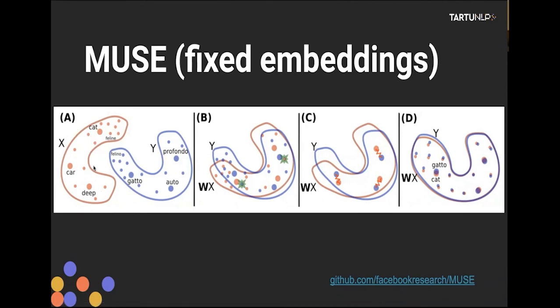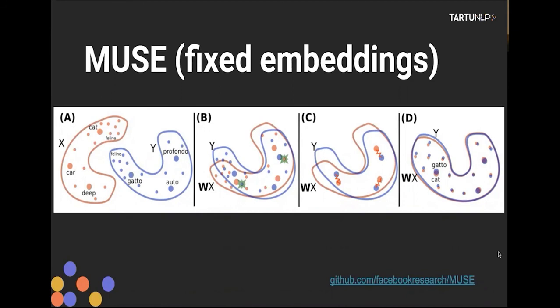Here you see X for English and Y for Italian. So cat, feline, car, and deep should in the end become gatto, felino, auto, and profondo. They devised a method of rotating or transforming one space into another, so that without using a dictionary, we actually get close vectors like gatto and cat. This shows that these spaces learned independently are actually quite universal between the languages.